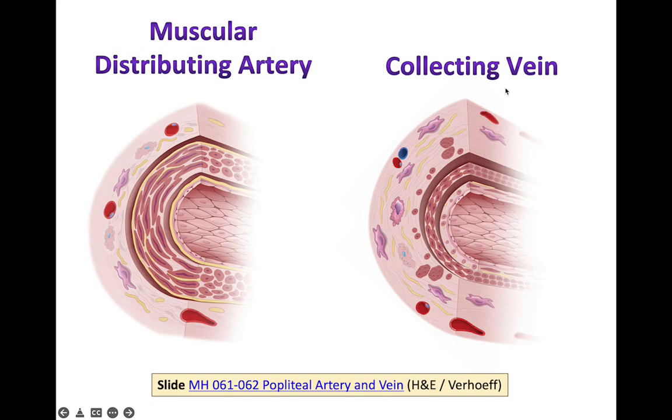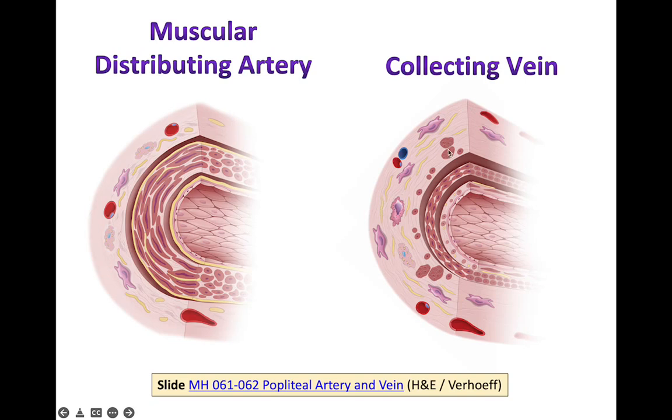And when you see the collecting vein, the tunica intima contains endothelium and subendothelial connective tissue with very few smooth muscles. The tunica media is thin. It contains only a few layers of smooth muscle, but the adventitia is very thick. It contains vasa vasorum, nervi vasorum, collagen fibers, elastic fibers, and fibroblasts.